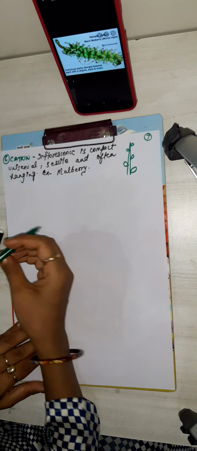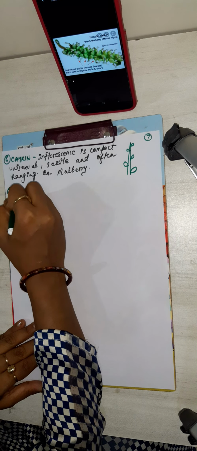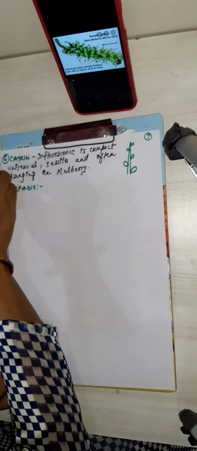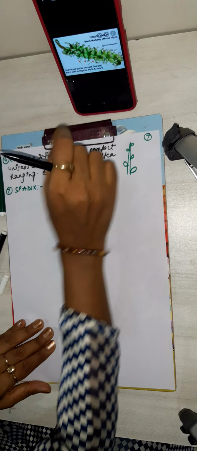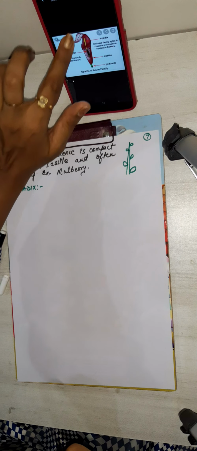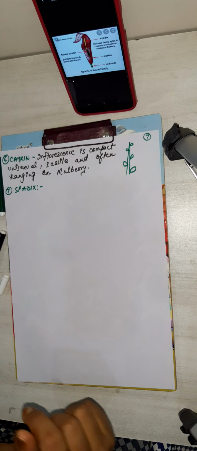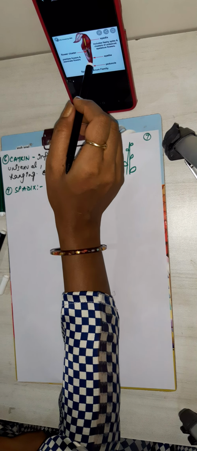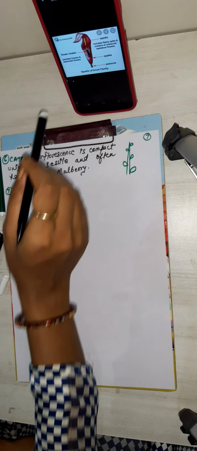Next is spadix. Have a look on spadix. Students, have a look. Spadix. This outer covering you are seeing is known as spathe. S-P-A-T-H-E. This is color for some green color or colorful color. Okay.